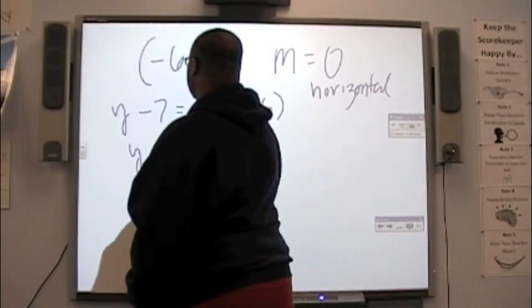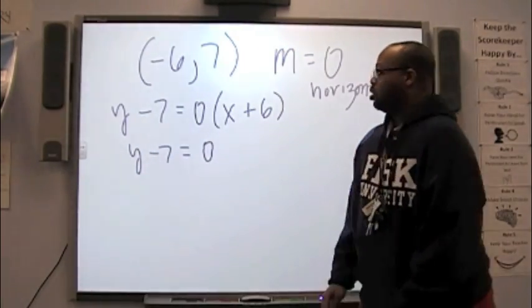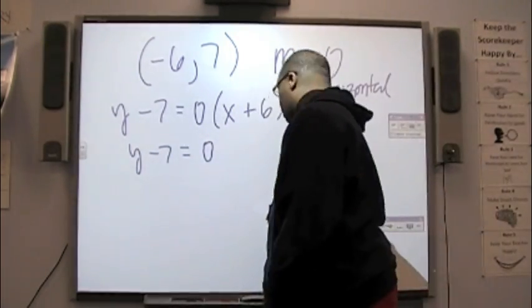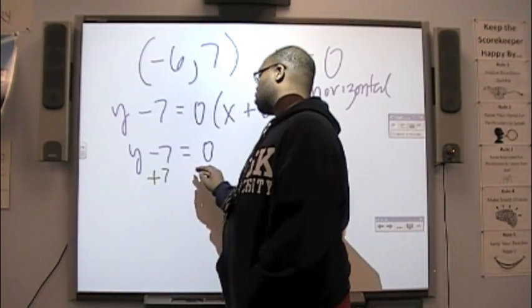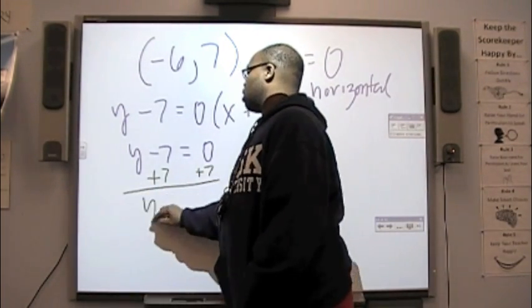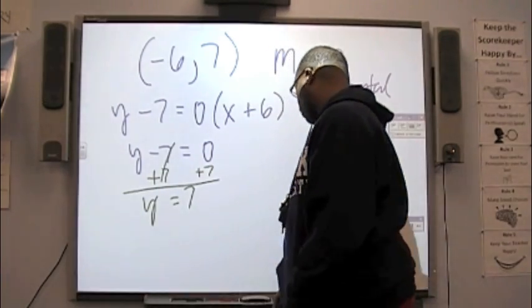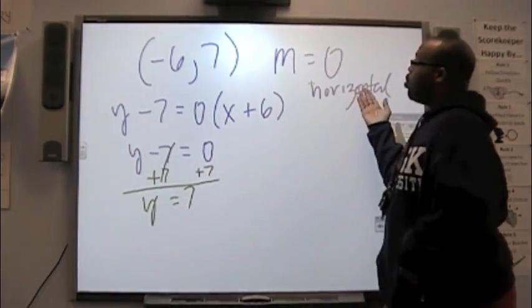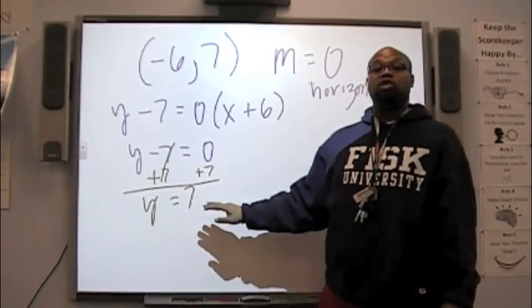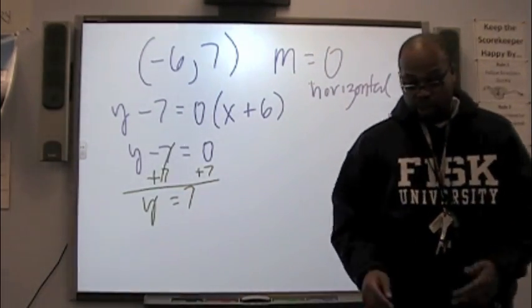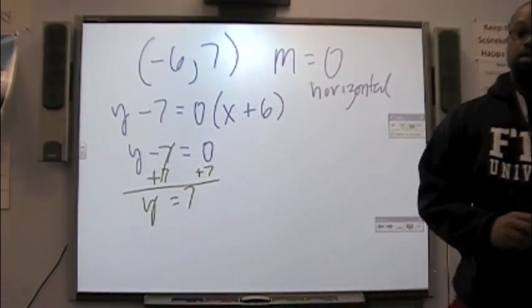So y minus 7 equals 0. Then we add 7 to both sides: y equals 7. And before we started, because it was a horizontal line, because the slope is 0, we knew that it would be y equals some numeral, and there would be no x involved in the end. We knew that.